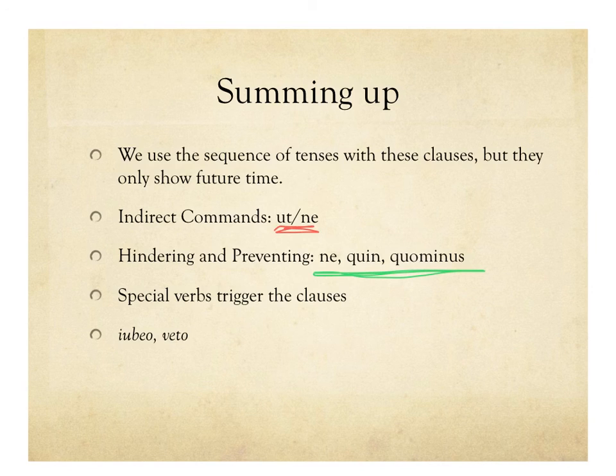The only exceptions to this are these two verbs, iubeo and veto, which take an accusative plus infinitive construction. And we never say non iubeo. We always say veto, and we would not say non veto, we would say iubeo, right? So they are antonyms, and we use one or the other.